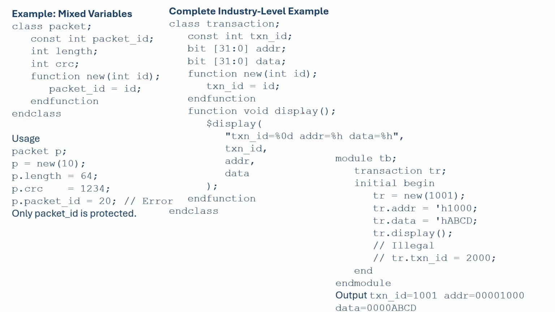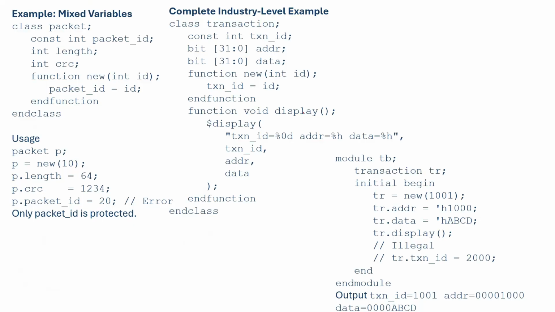One property is constant and the remaining properties are normal properties, and then I construct a new method. Inside that, I'm assigning the values to my constant properties in the constructor, and the remaining properties are accessed directly through the class handle.